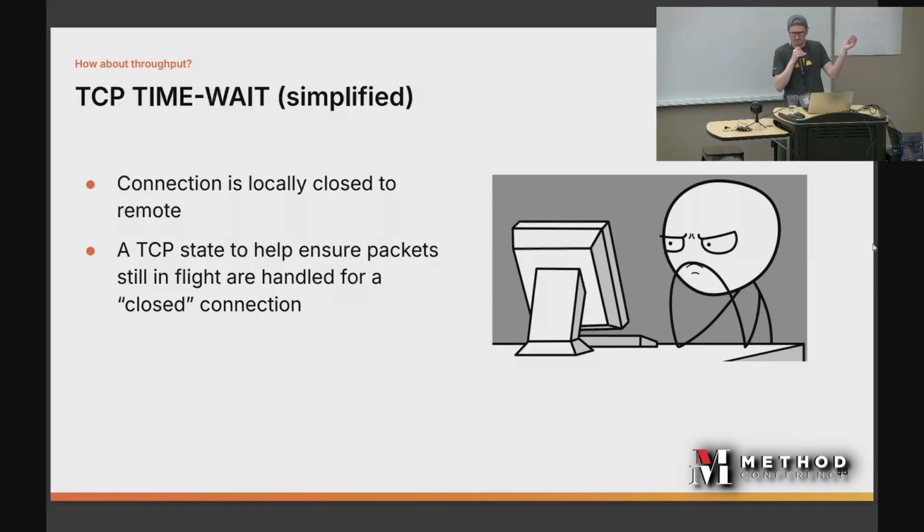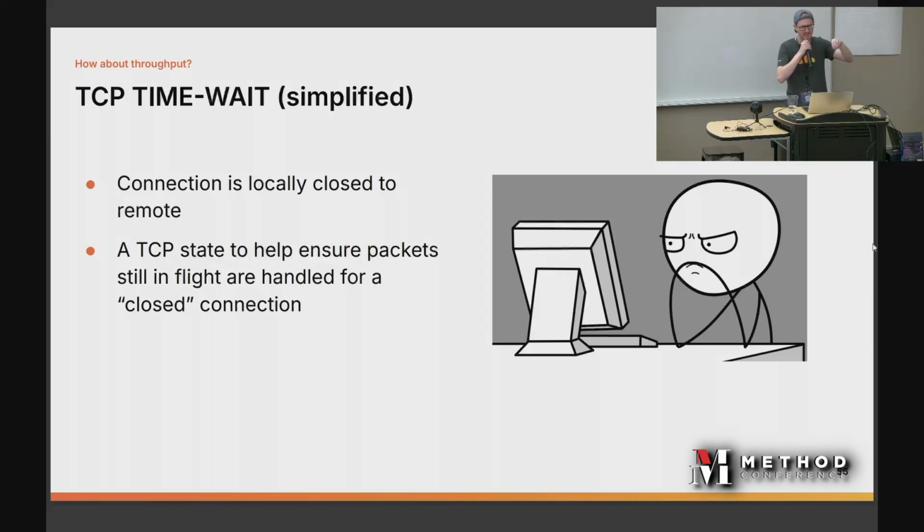And this is right before the connection actually closes. The reason for this state is that you want to ensure that whatever packets are in flight, because again, this is all asynchronous, whatever packets are in flight between the machines, this allows your server, their server, etc., to be able to handle whatever happens while the connection's in this state.